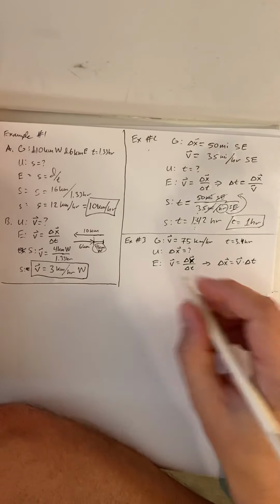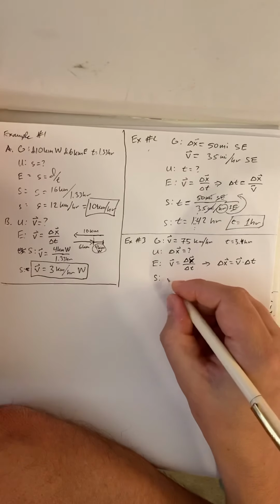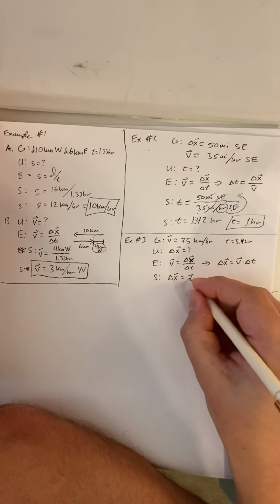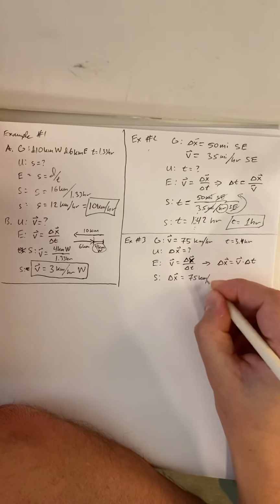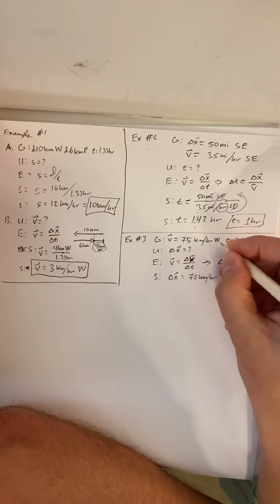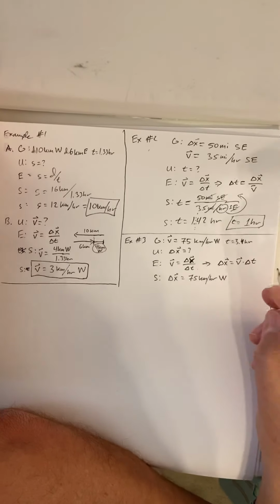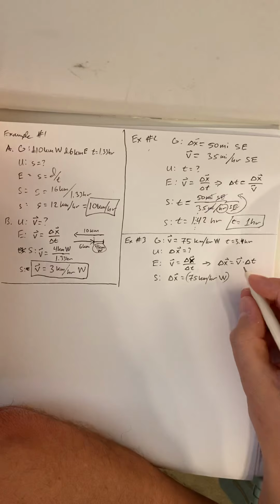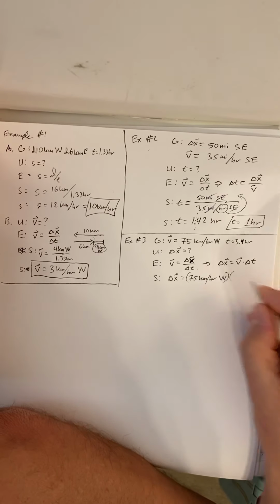Okay, so this is the equation. So I'm going to substitute delta x equals, I know the velocity. It is 75 kilometers per hour. I feel like I'm missing something. Oh, west. There we go. So that's west. And I'm going to put this in parentheses because there's a lot of stuff here, and I want to show that I'm multiplying.